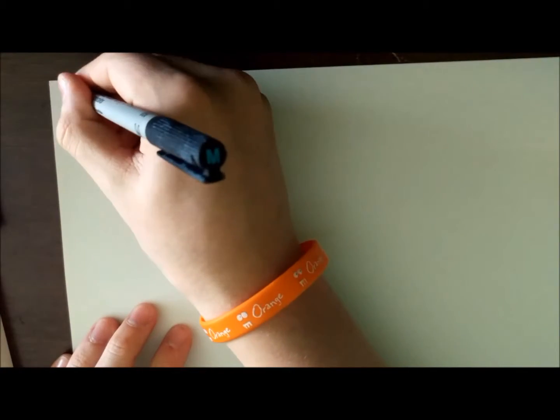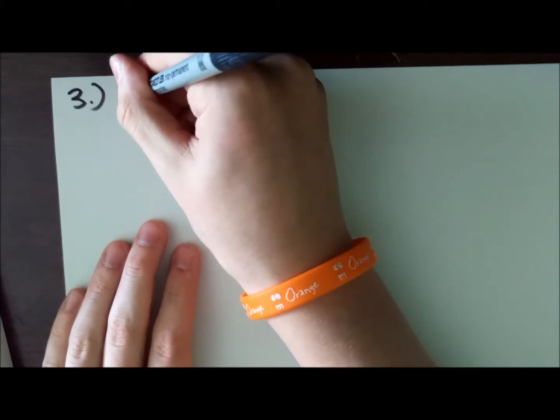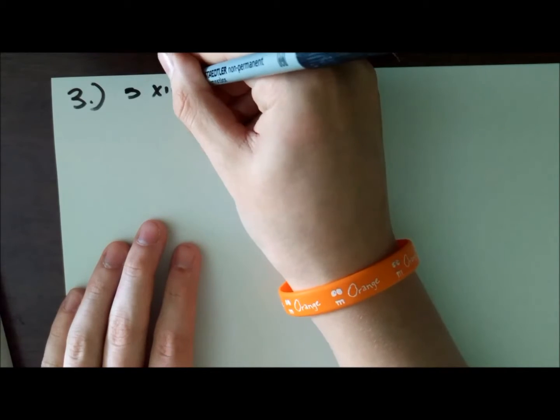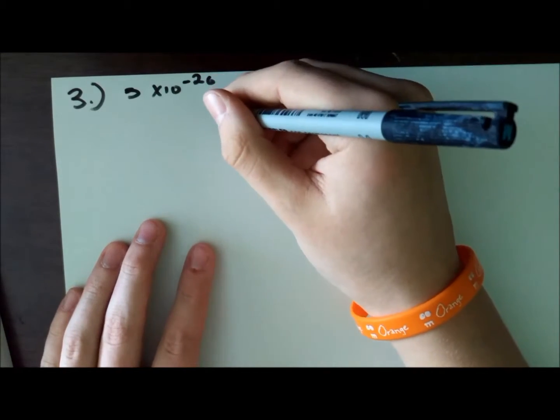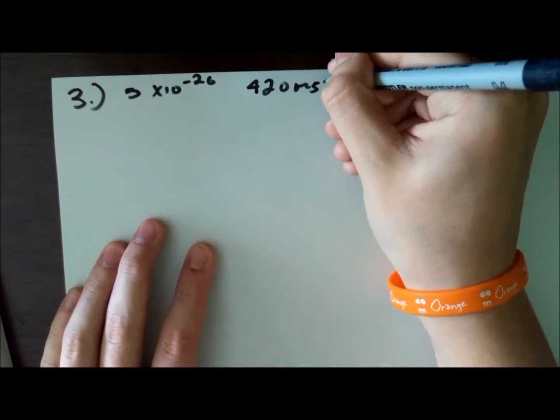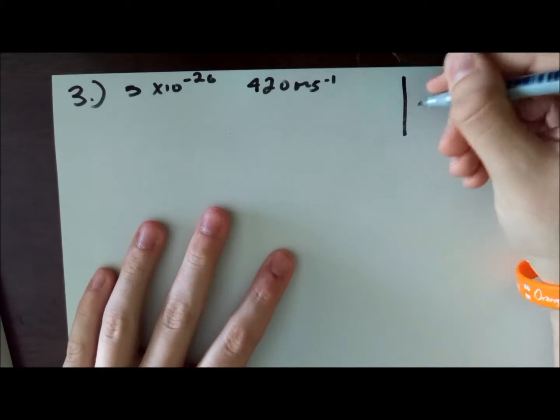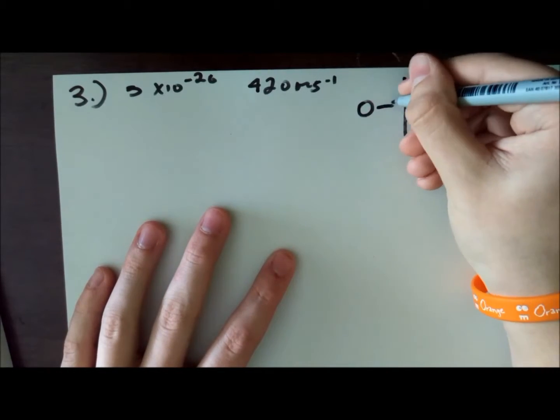Question 3. A molecule of mass 5 times 10 to the power of minus 26, moving at a speed of 420 meters per second, hits the surface at right angles. When you hear this, you want to remember this diagram.